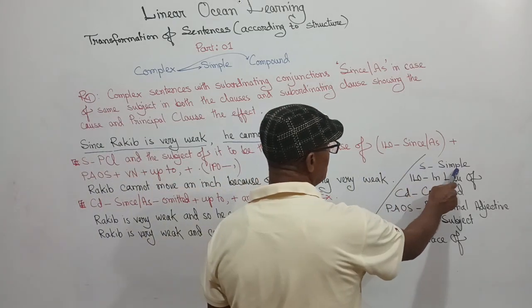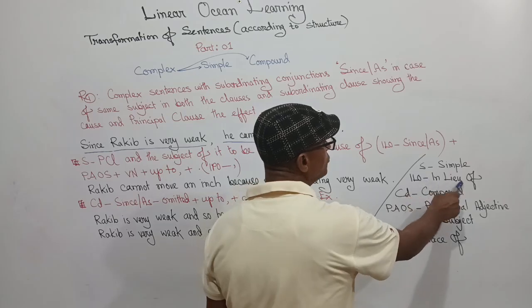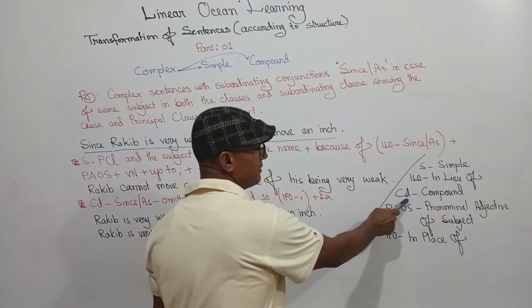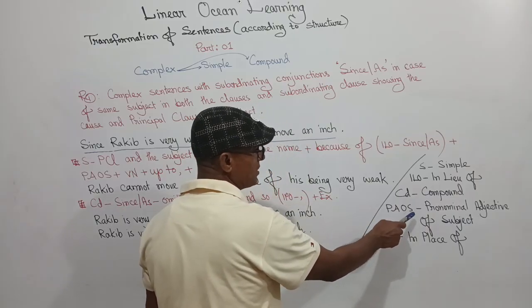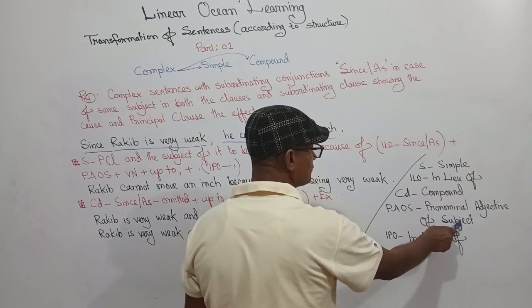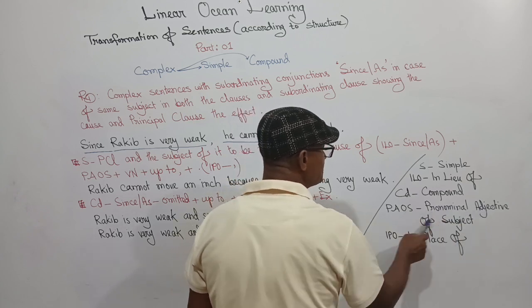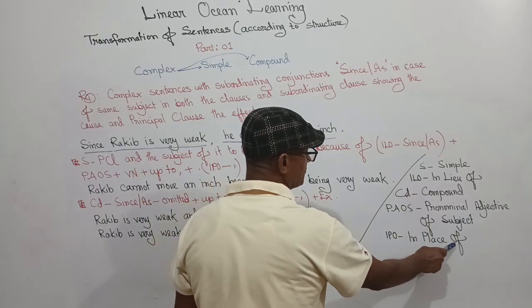S means simple, ILO means in lieu of, that means instead of, CD means compound, PAOS means pronominal adjective of subject, IPO means in place of.